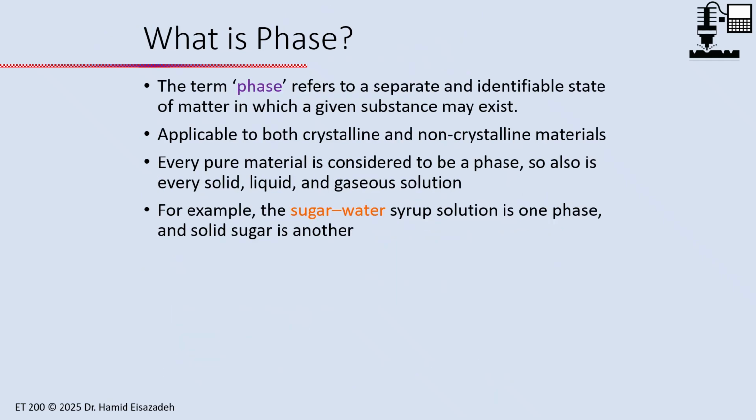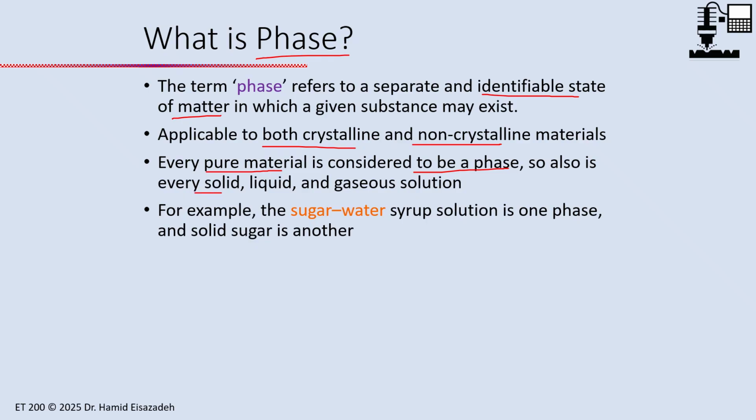What is phase? Phase is a separate and identifiable state of matter, and this can be available for both crystalline and non-crystalline material. And also we can consider every pure material to be a phase.